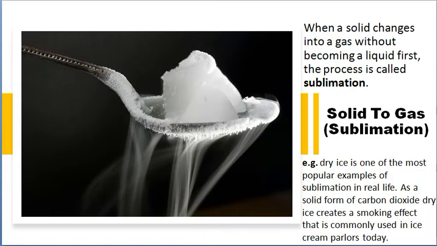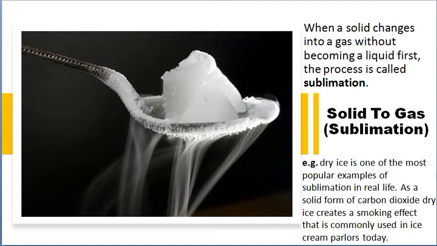And the last process is sublimation. By observing the picture, you can clearly understand what happens in sublimation, when a solid changes directly into a gas. When a solid directly changes into gas without becoming a liquid first, the process is called sublimation. For example, we pick an example from our daily life.